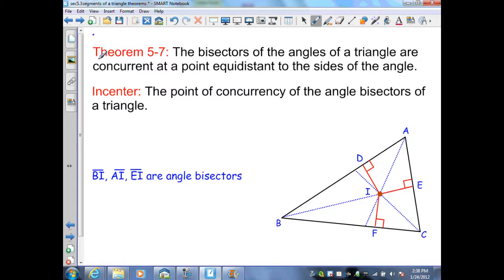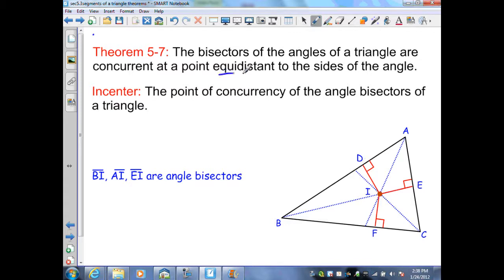Theorem 5.7. The bisectors of the angles of a triangle are concurrent at a point equidistant to the sides of the angle. Recall that the point of concurrence for the angle bisectors is called the incenter. Here we have diagrammed an incenter. That is the point of concurrency to the angle bisectors of this triangle.